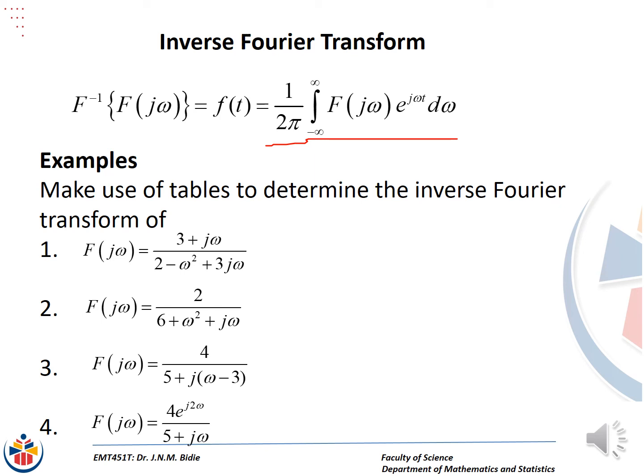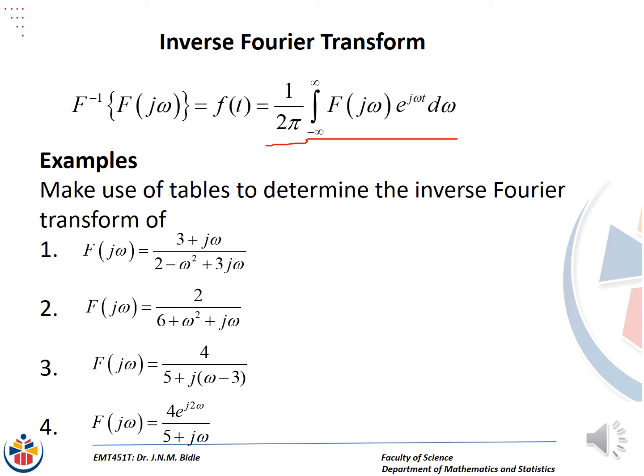In the examples that have been given, we have to use partial fractions for number 1 and number 2, and also realize that in number 3 we have a frequency shift, and in number 4 we have a time shift.